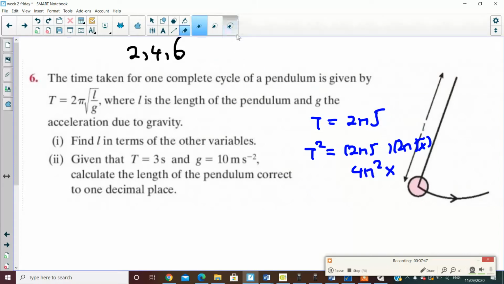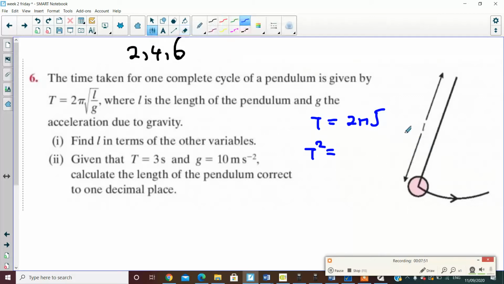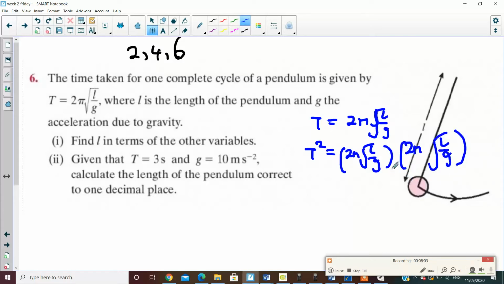And what will happen is the L over G will just appear out of the bracket, outside the square root. So it'll be 2 pi root L over G times 2 pi root L over G. A square root multiplied by the same square root just releases the square root sign. 2 pi times 2 pi is 4 pi squared. That gets your t squared there.